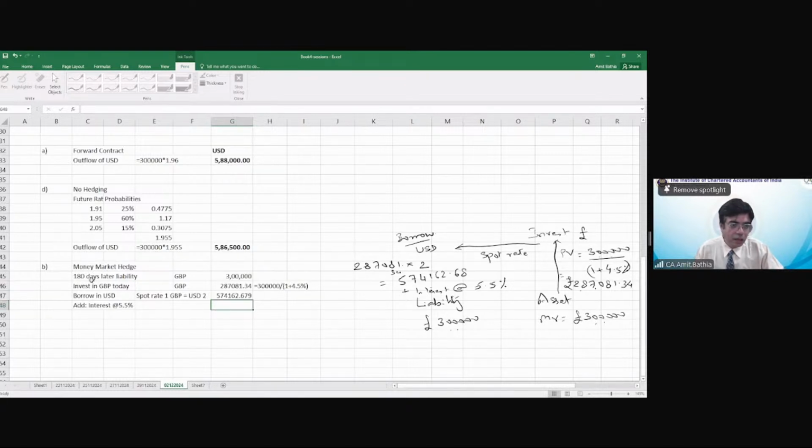In the money market, the year is always considered as 360 days for the calculation of interest. But here nothing is mentioned, so I have to take the entire 5.5%. So I get 31,578.9474. Is everyone clear with this?